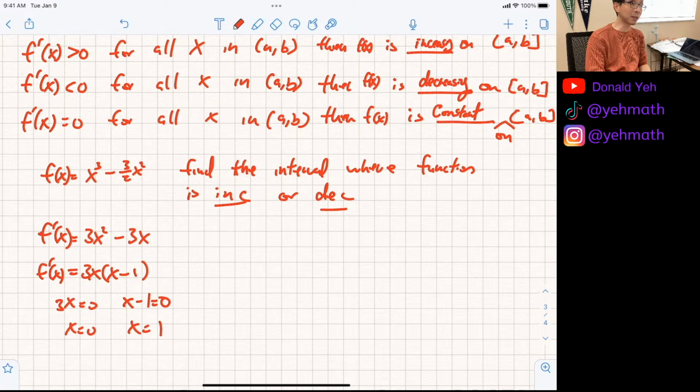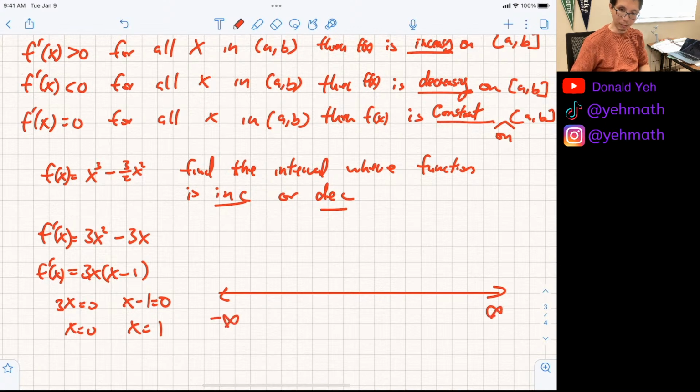Now I'm going to do a number line test. Beginning of the year, I taught you how to do number line tests. We're going to do a lot of number line tests today, or tomorrow, or this week. This is the number line, negative infinity to infinity.